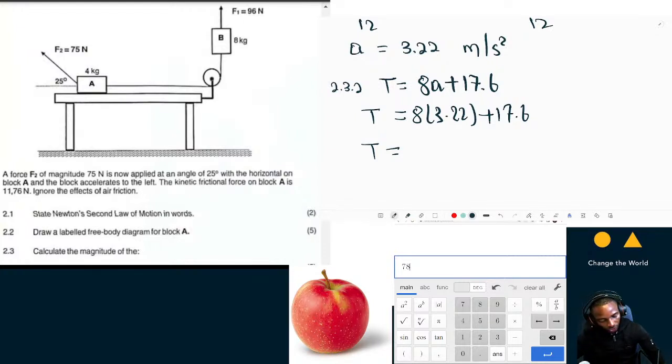Then the tension should be equal to 43.36 newtons. It will be downward for block B, but it will be to the left for block A. Then we are done with this question.